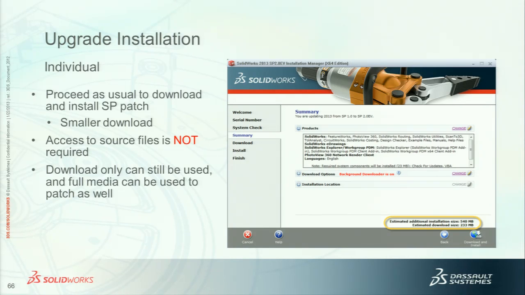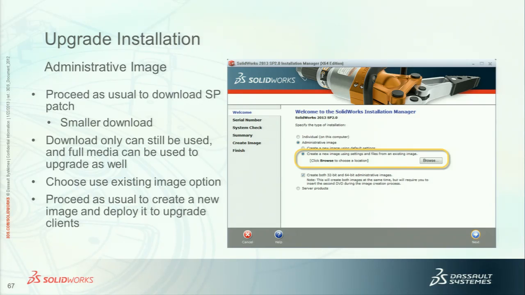You don't have your DVD in your drive, you go and download it, and it'll upgrade and install. That was an enhancement we made in 2011. Prior to that, you'd get a message saying you need access to source files, and you had to find your DVD and point to it. There are rare cases where you still need to do that, but in almost all cases you don't anymore, so that's nice.